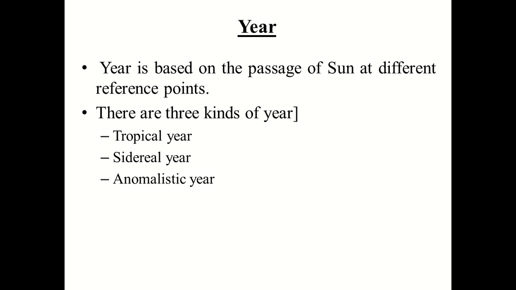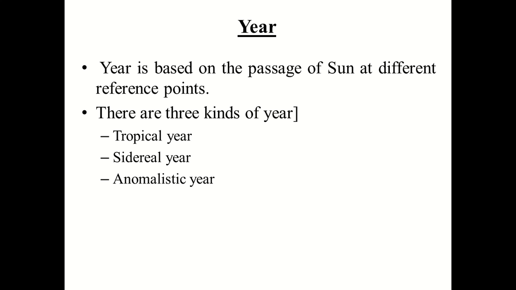Year is actually based on the passage of the Sun at different reference points. When we observe the Sun, it is moving around the Earth. So the Sun traces different positions and we can choose different reference points to mark the position of the Sun.